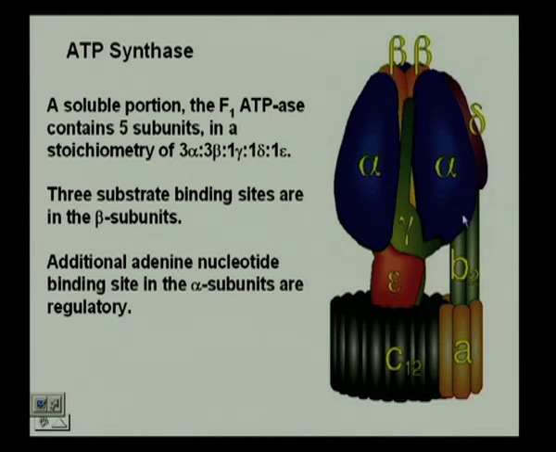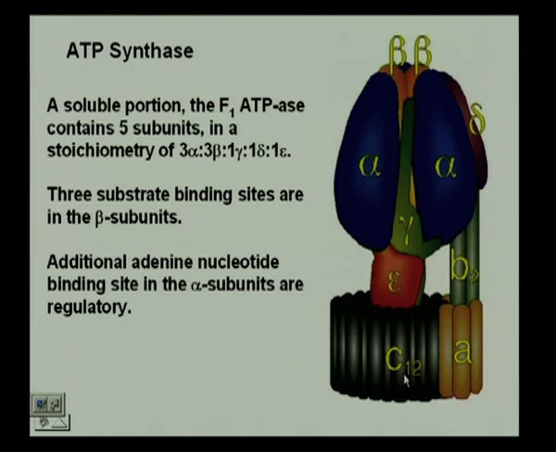This is a picture of the protein. You see there are alpha subunits, beta subunits, you have delta subunits and epsilon subunits. Okay? This bottom part is the part that is integral to the membrane. Okay? So, on the outside what sort of residues would we see?